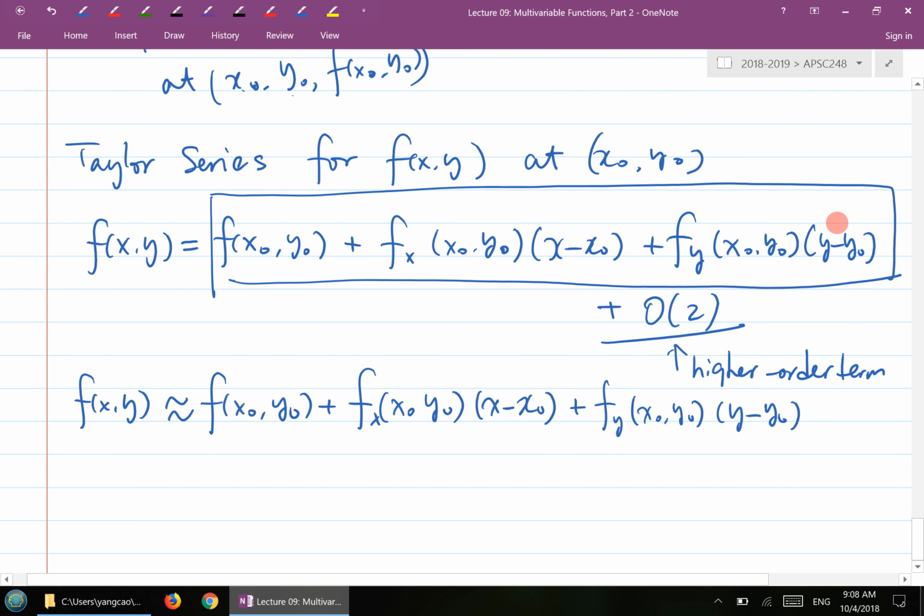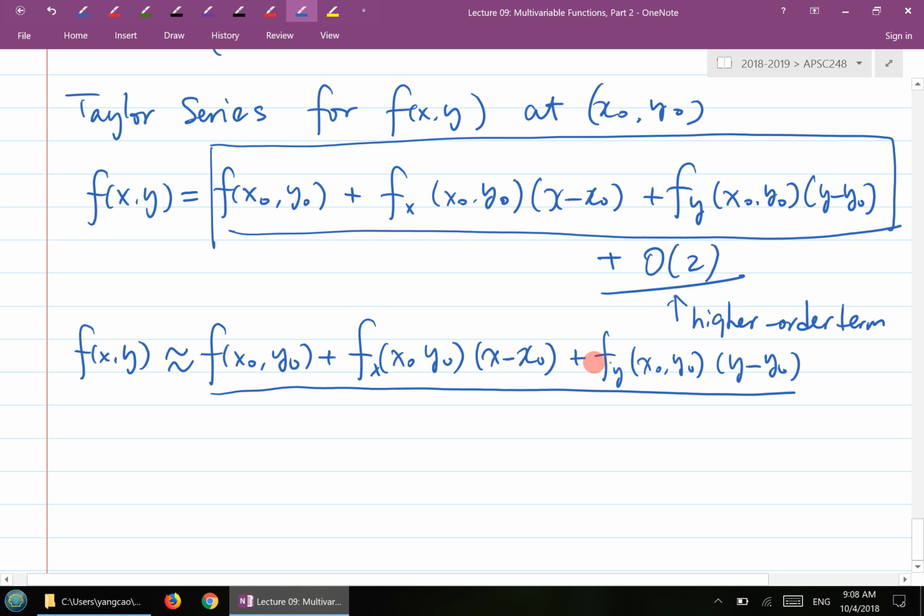Okay, so that's the idea. We use these three terms here as an approximation to the original surface f of xy. By doing this, if I only look at the right side here, what does the right side actually give us?